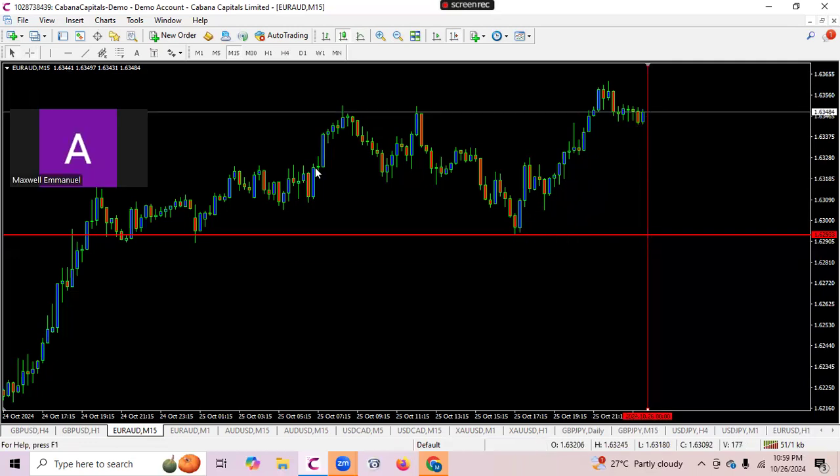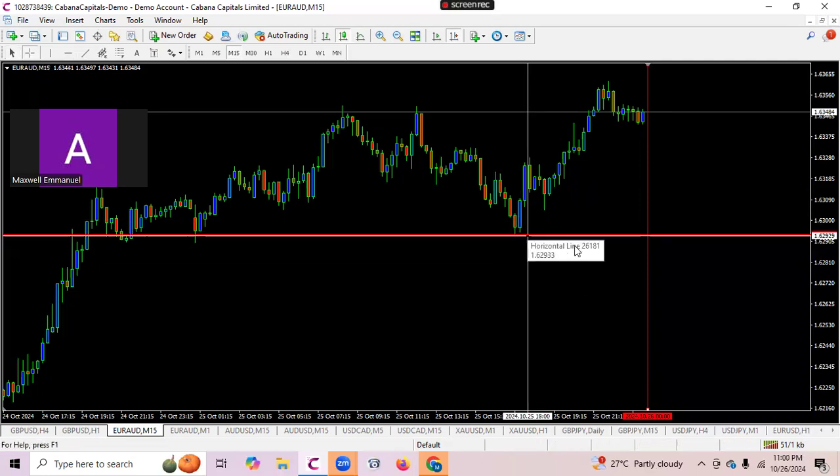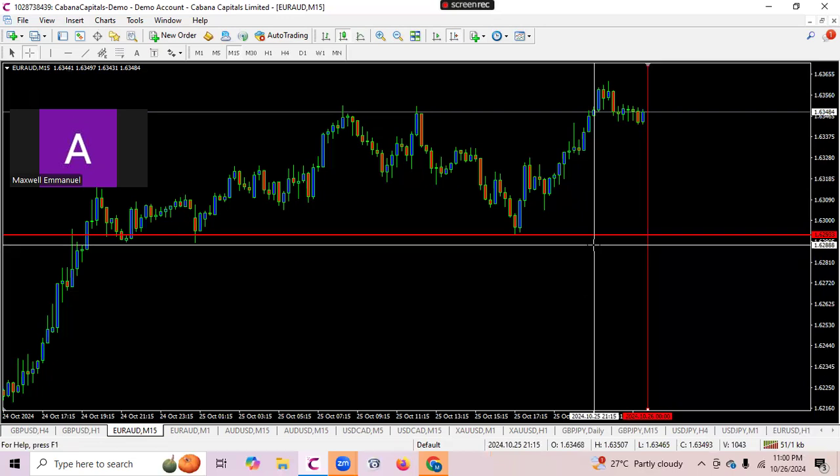Okay, the risk is not much. Let's assume the candle that will close below this low closes at this low. We decide to sell. Our stop loss is about 75 pips.